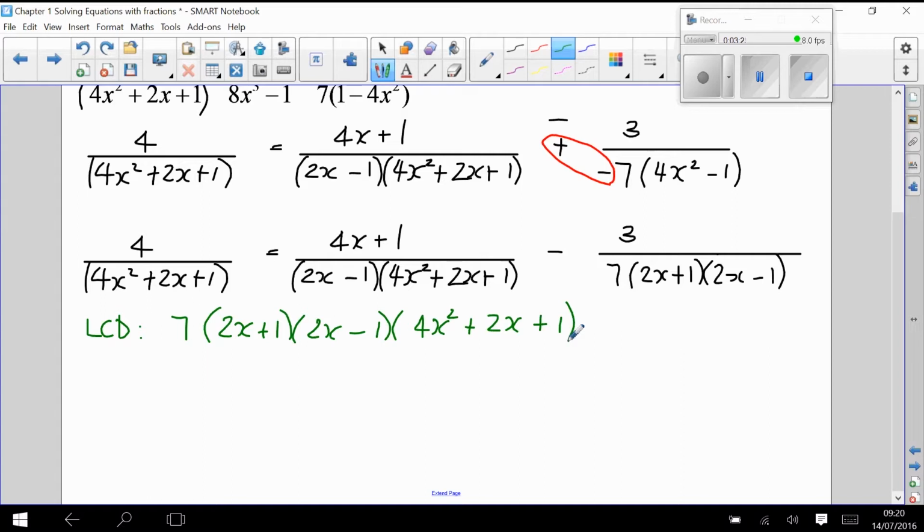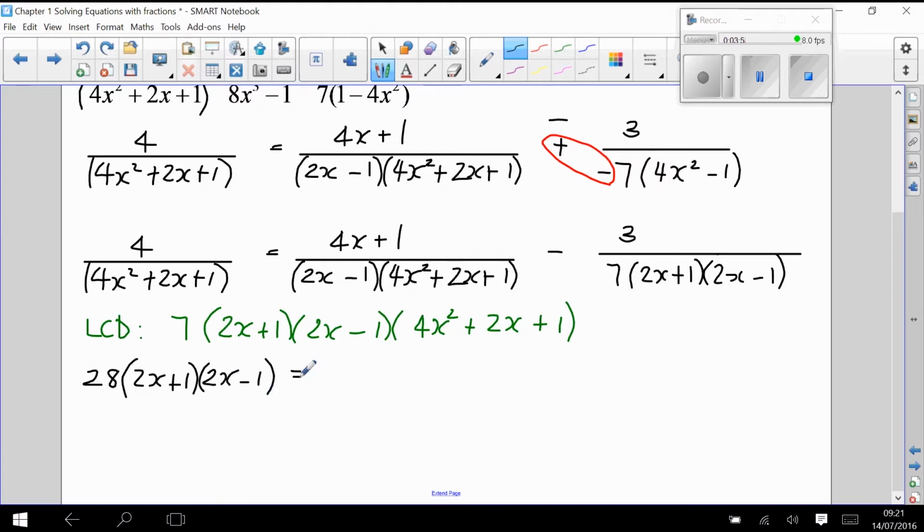In my next step, I'm going to get rid of the denominators in my equation by checking what the old denominator looked like in comparison to the LCD and multiplying the old numerator by the new factors. In other words, when I do this, in the left-hand side, I'm going to get 4 times 7, which is 28, all times by the 2 bracket factors of 2x plus 1 and 2x minus 1.